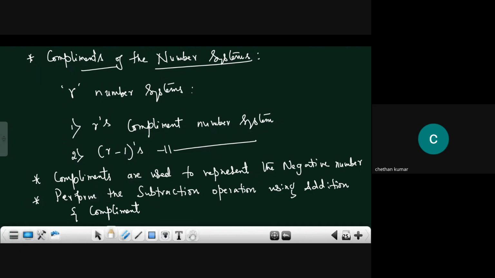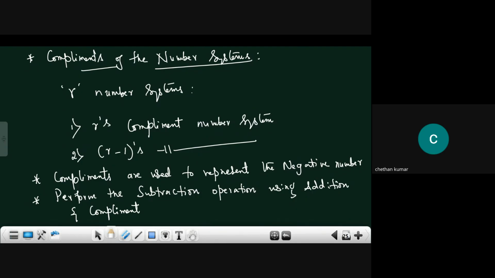Suppose you have an adder circuit with you and you want to perform subtraction. You don't need a separate circuit or hardware. Using an adder circuit, you can perform subtraction.